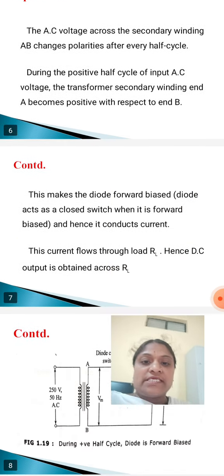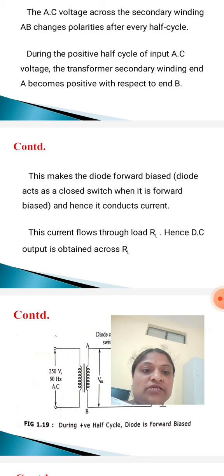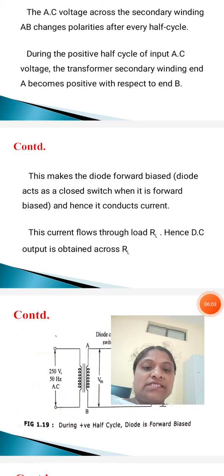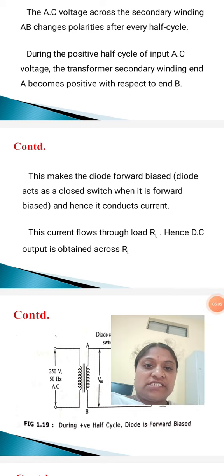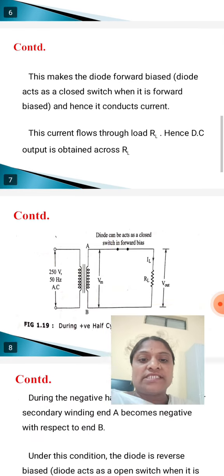This makes the diode forward biased. Diode forward bias means it acts as a closed switch, and hence it conducts current. The current flows through the load resistor RL. Hence DC output is obtained across the load resistor RL.